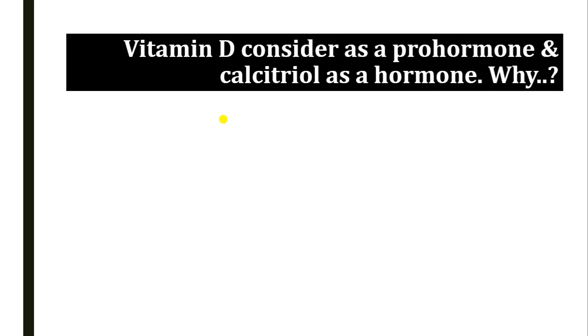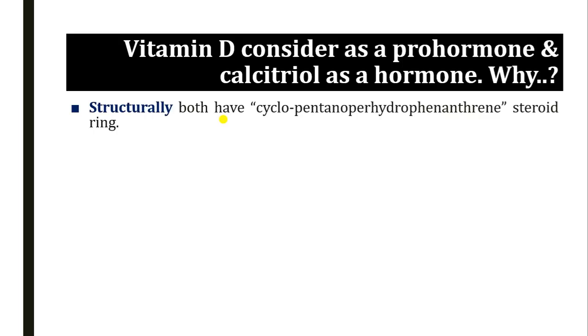Okay, so at the end, as I told you in the beginning, vitamin D is also considered a hormone. Vitamin D is considered a prohormone and calcitriol a hormone. So why? Because structurally both have the cyclopentanoperhydrophenanthrene steroid ring.